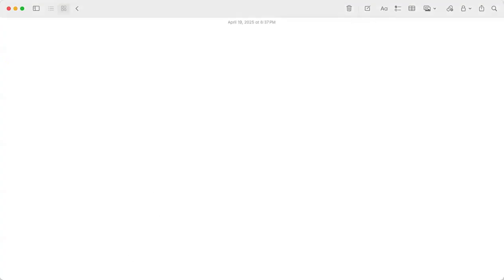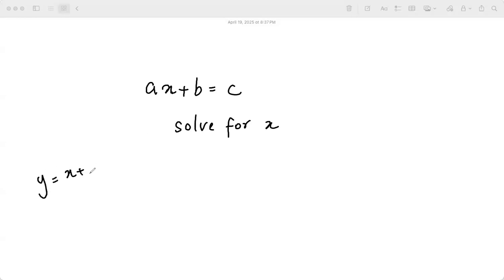Suppose I'm giving you ax plus b equal to c. Solve for x. Solving for literals means solving for a variable. Solving for a variable means putting that variable equal to as your final equation. Suppose I say y is equal to x plus 1.